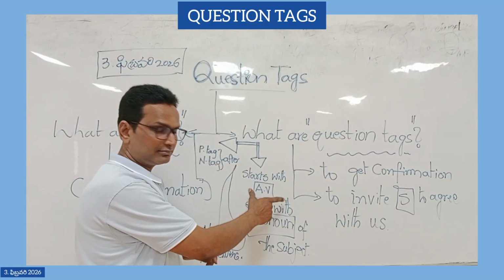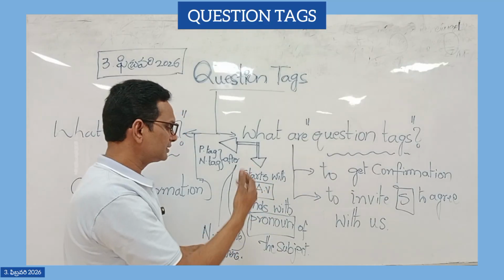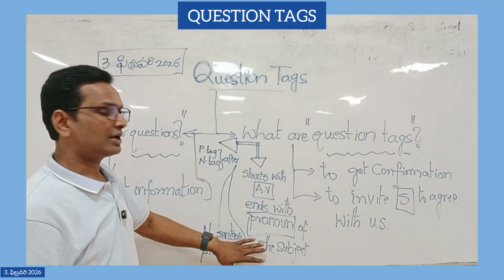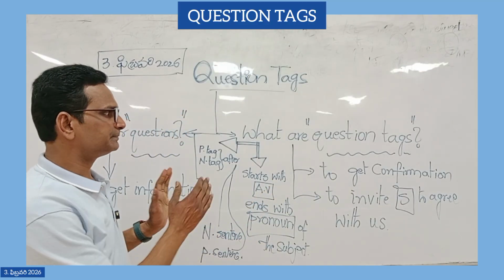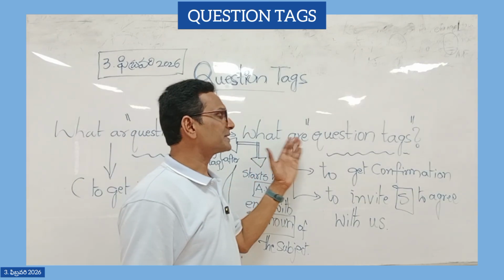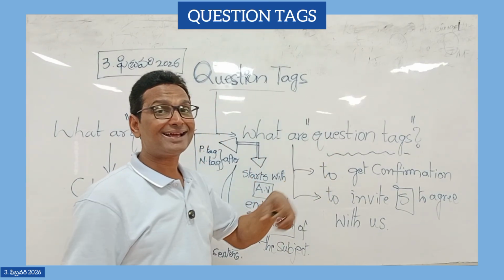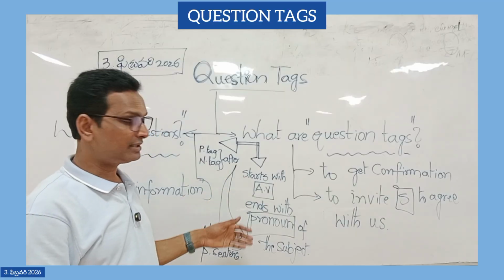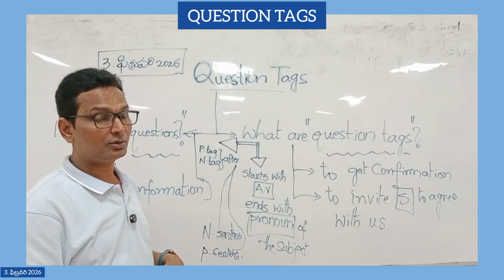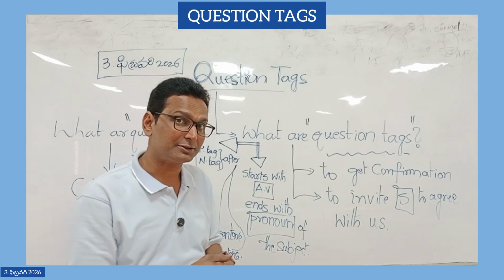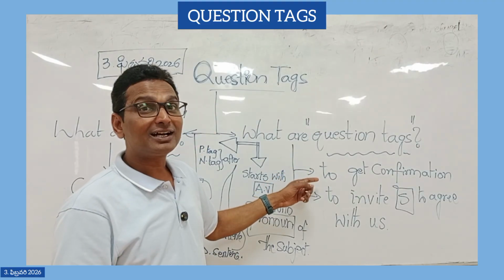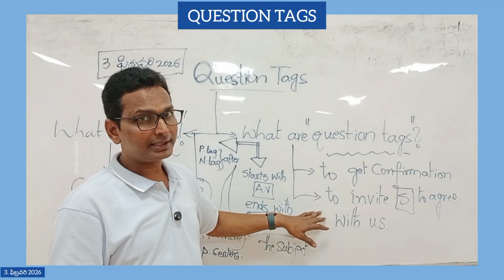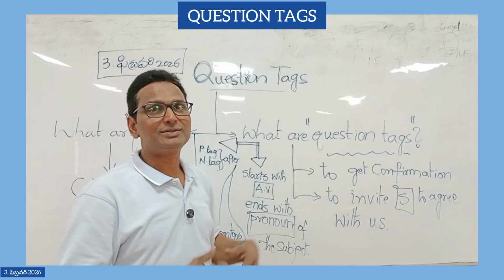And question tags begin with auxiliary verbs and end with pronouns of the subjects in the sentences. And what are the question tags? Basically, question tags are short questions. They begin with auxiliary verbs and they end with pronouns of the subjects. Why are they used in English grammar? To get confirmation as well as to invite someone to agree with us.